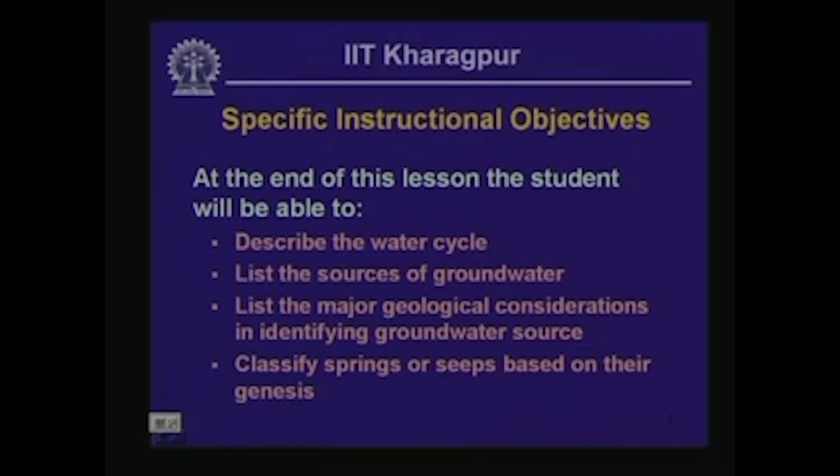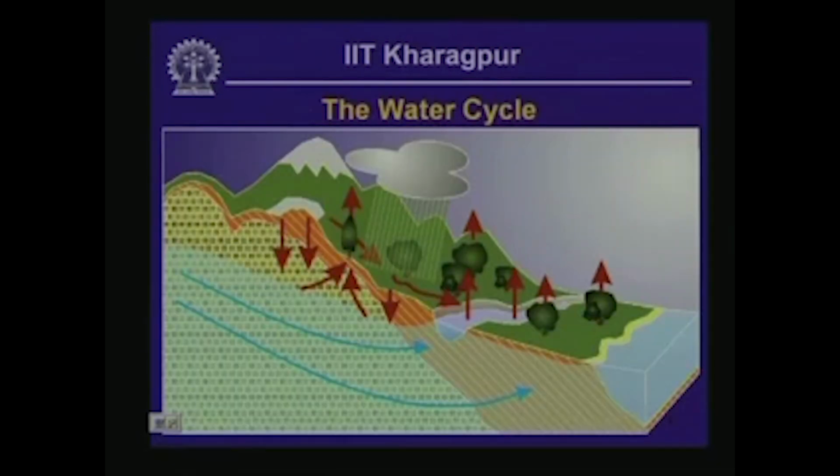Okay. Now, with that said, we first look at the sources of groundwater, and this particular cartoon shows you the sources of groundwater. Now you can see what are the sources of groundwater. Major sources of groundwater include precipitation.